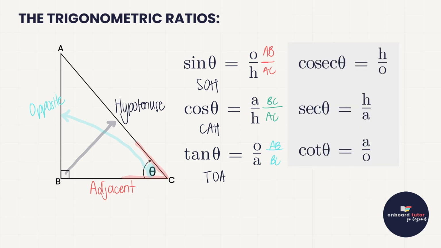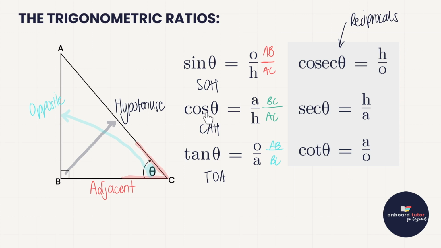Now there are more than three trig ratios. We also get these other three. These are known as the reciprocals. And basically they are the upside down version of the ones that they are currently placed next to. So whereas sine was SOH, opposite over hypotenuse, cosec is hypotenuse over opposite.